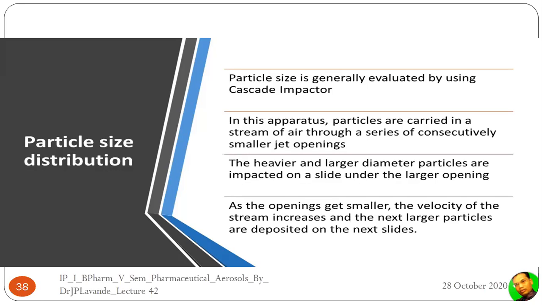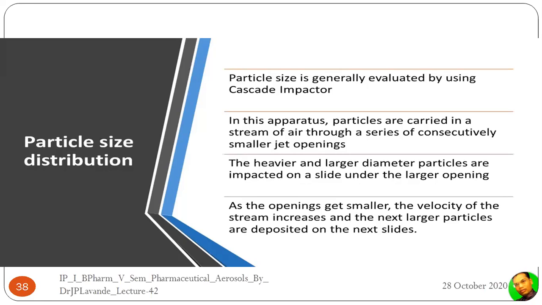So there are consecutive layers, and through these layers there is a stream of air, and it passes through smaller jet openings. The first will contain a larger opening, the second smaller, the third smaller, the fourth smaller, likewise in a decreasing fashion.